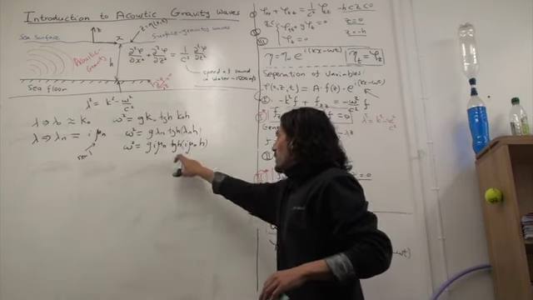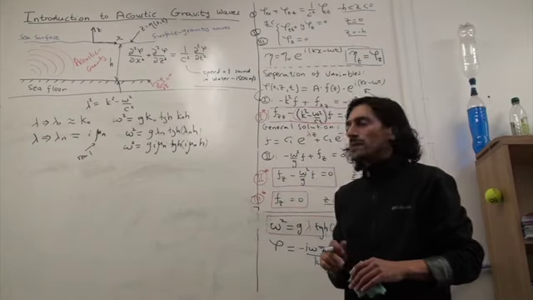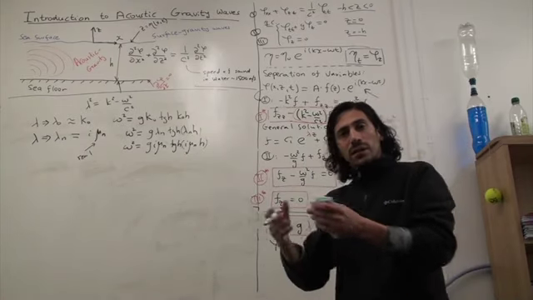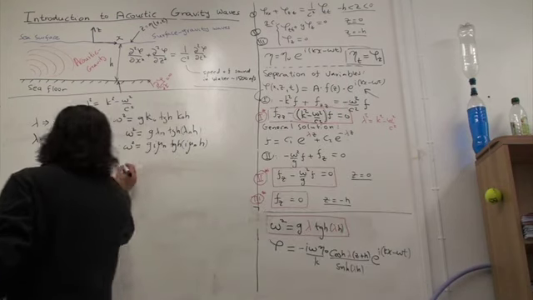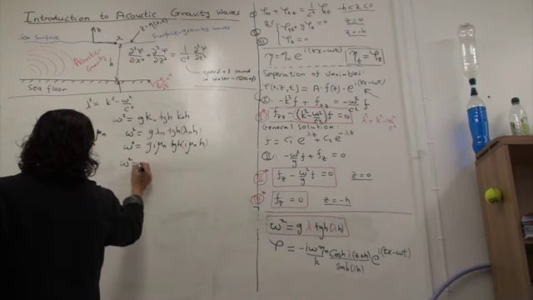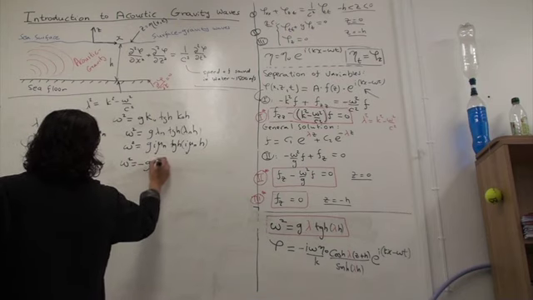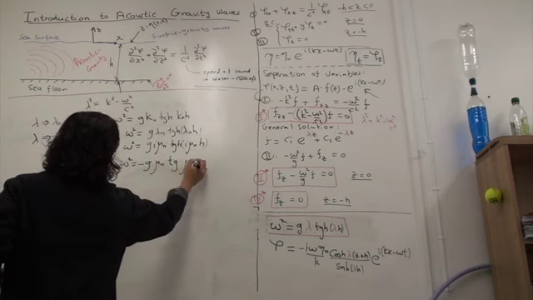Well, what is hyperbolic tangent of i mu n h? It is i tangent mu n h. So this is omega squared equals i times i, minus g mu n tangent mu n h.